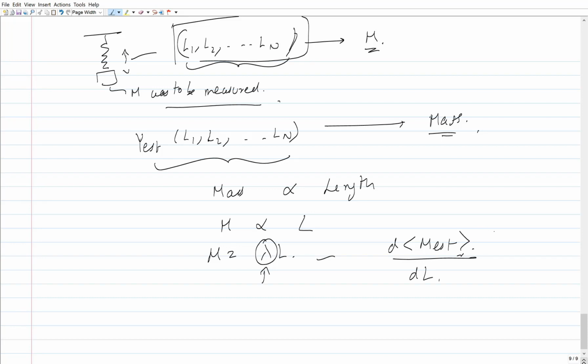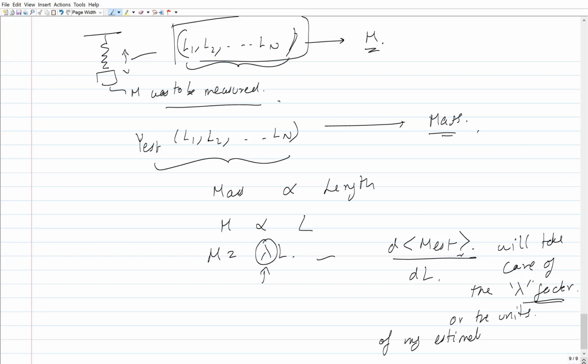So this sort of derivative is going to take care of the lambda factor, or the units of my estimation process. So this is just a scaling thing.